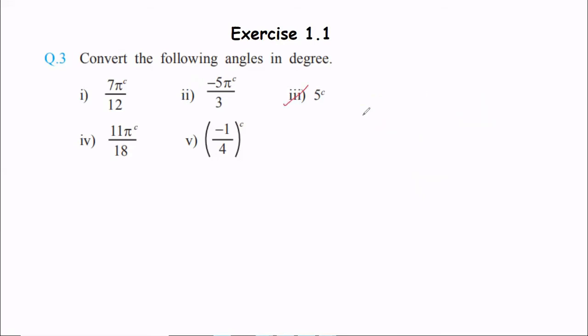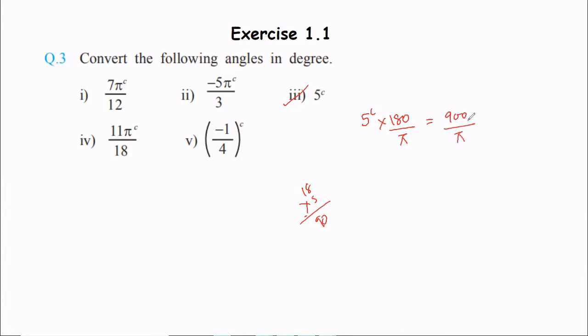Third question. You need to convert 5 radian by multiplying with 180 by pi. So 5 radian and 180 will get multiplied. 18 into 5 gives you 90, so 900. So you will have 900 divided by pi. I have multiplied 5 and 180. Now what can we do over here?